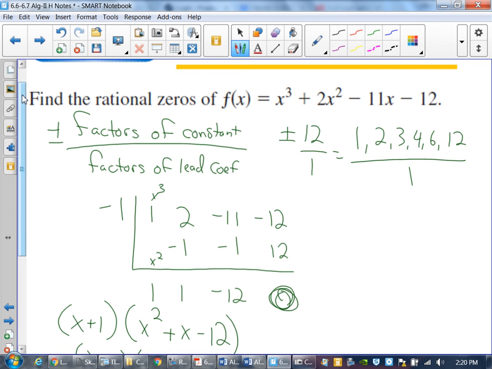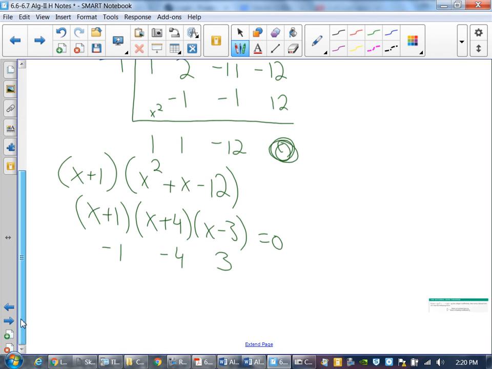Haley, you were saying something. So, should it be negative? The terms are -3 and 4. I'm sorry. The terms, because what times what is -12? To get to a +1, it would have to be +4 and -3, which means my zeros would be at -4, +3.